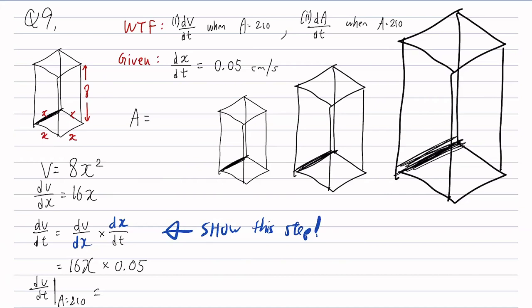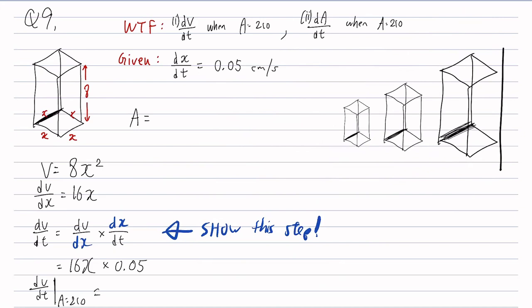Total surface area is square, rectangle. 2x squared plus 4 times 8x.